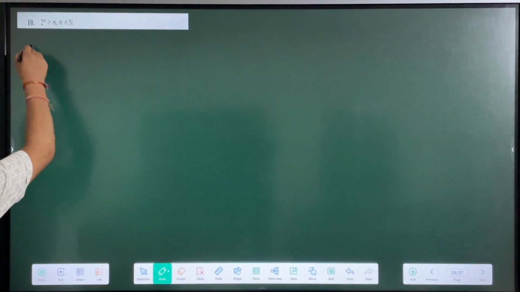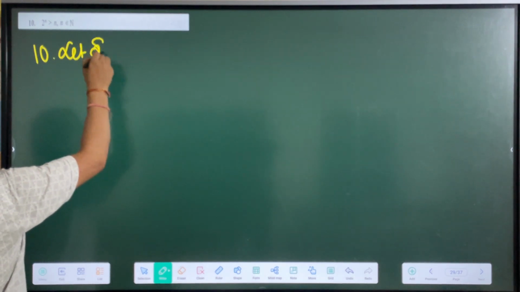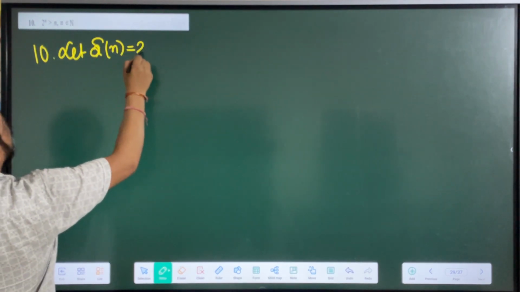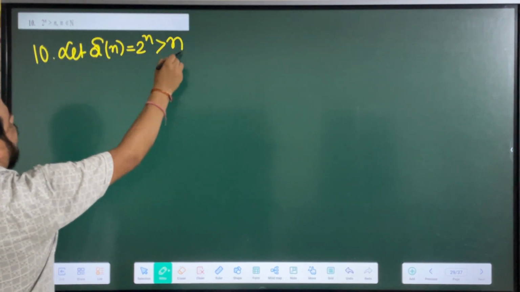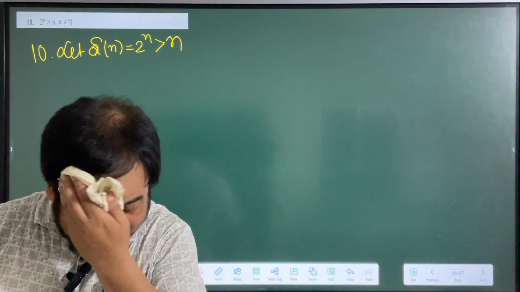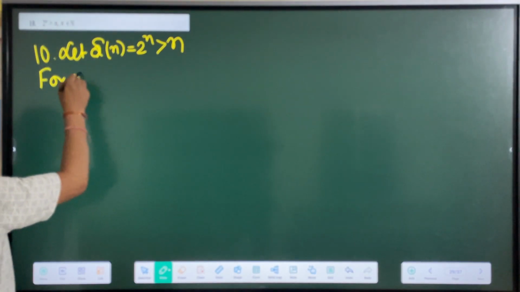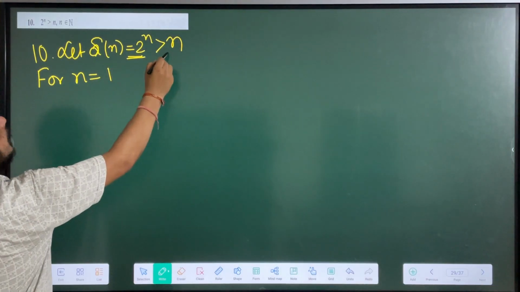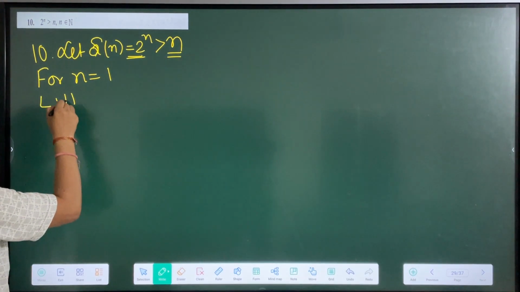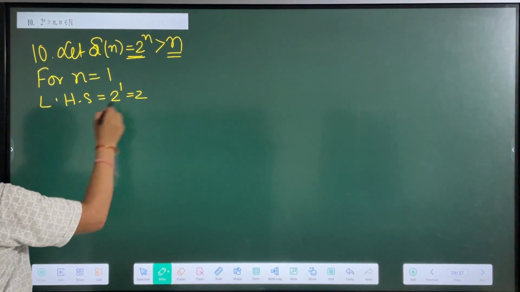Number 10. Let Sn: 2 to the power n greater than n. So directly for n equals 1. This is left hand side, this is right hand side. Left hand side: 2 to the power 1, n equals 1, so 2.